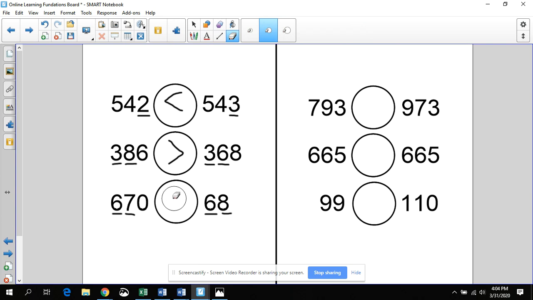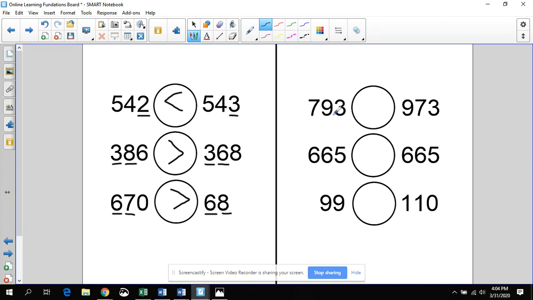So, even though the 7 is fewer than the 8, it doesn't matter because 3 digits is always greater than 2 digits. So 670 is greater than 68.